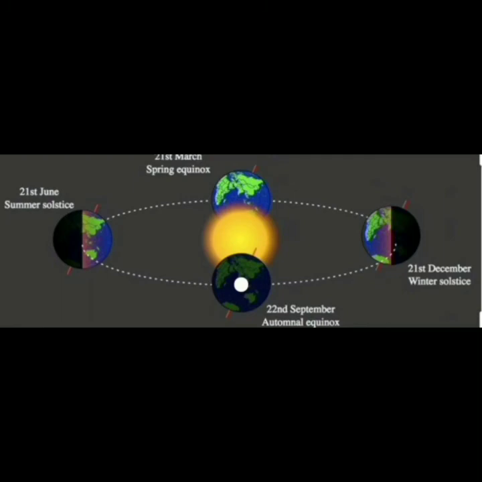Yes. So on 22nd December in southern hemisphere it is summer season with longer days and shorter nights. But on the same day, on 22nd December in northern hemisphere all the three conditions are reversed. It means it is winter season in northern hemisphere with shorter days and longer nights.